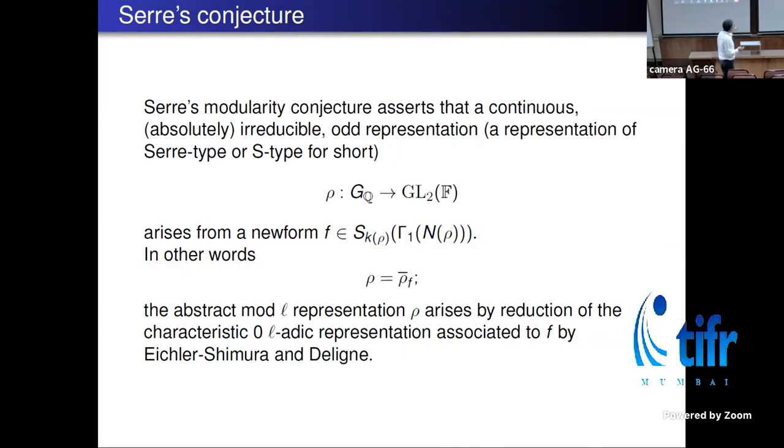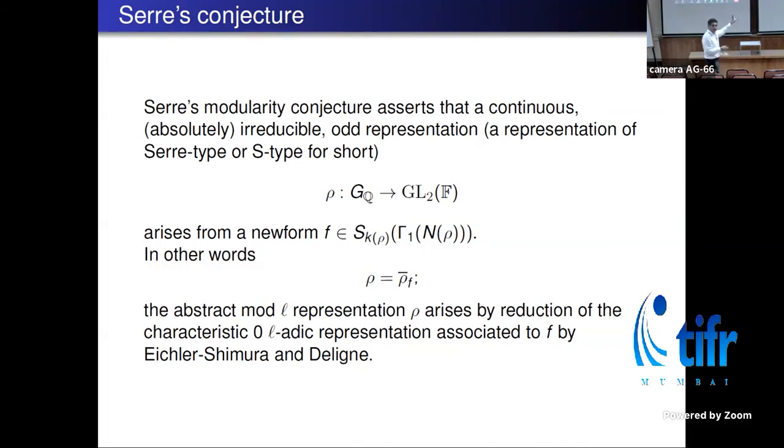So this is the conjecture. It characterizes two-dimensional representations which come from newforms. Representations which come from newforms certainly have this oddness property. They're typically irreducible. So Serre's conjecture is the converse to this. Okay, so this was the conjecture.